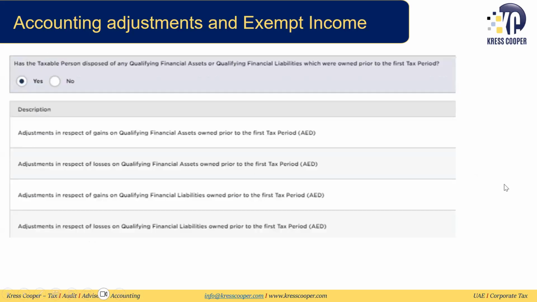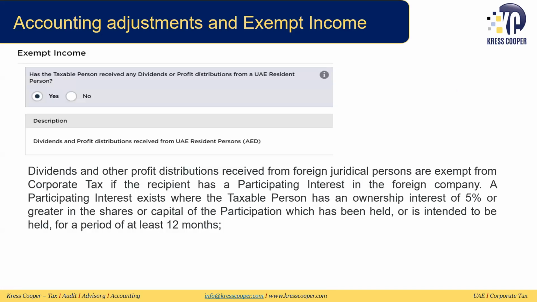And then again, separately for qualifying financial assets and liabilities, this information will have to be given, if we have disposed of in this tax period any of the qualifying financial assets or financial liabilities. If the answer is yes, we need to give the value of the adjustments, of the gains and the losses, on both financial assets and liabilities which were owned prior to the first tax period.